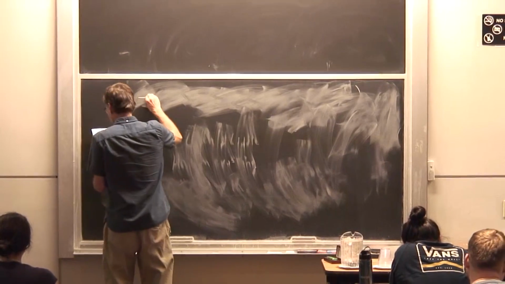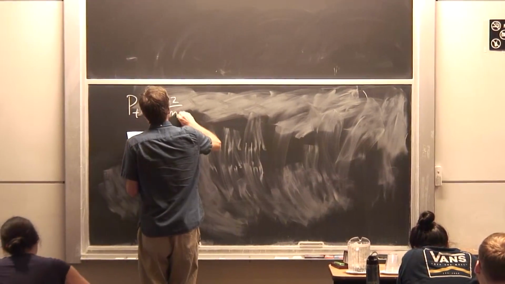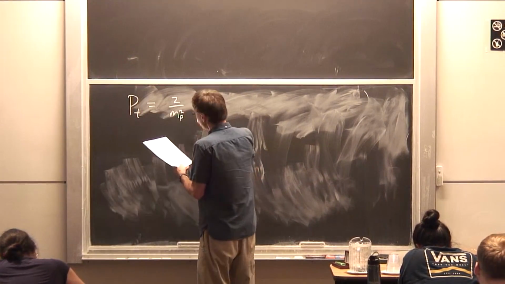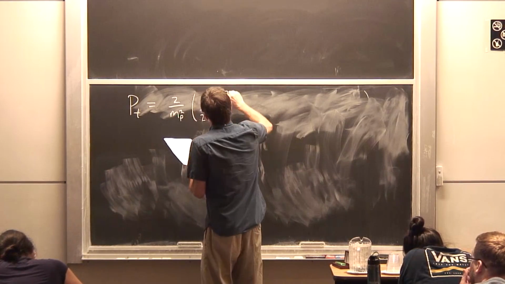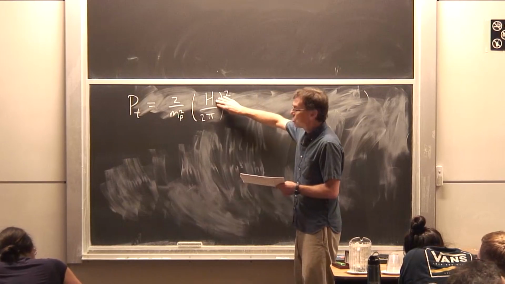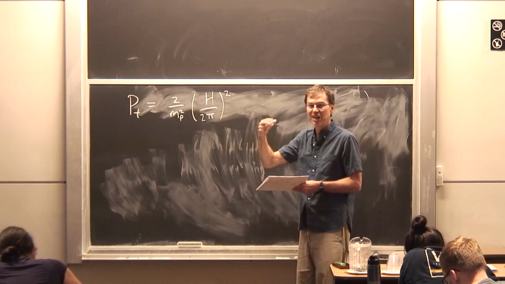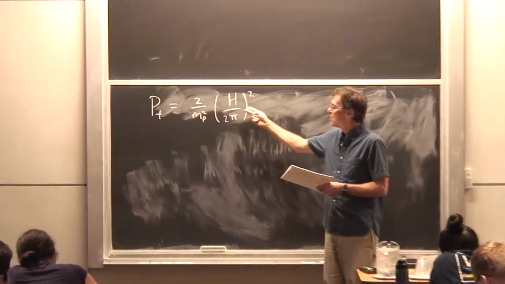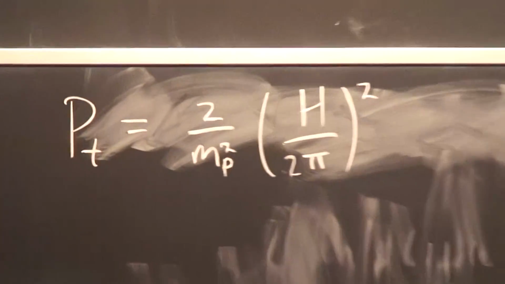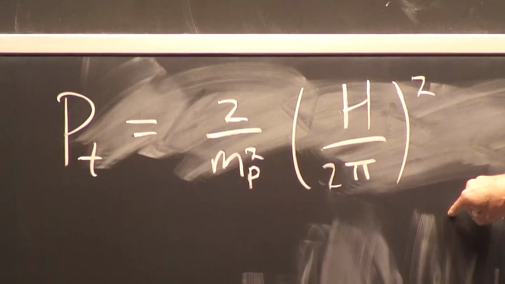And I'll just write down the result for the tensor power spectrum. It's like the scalar one. It goes like H squared, and that's just because the amplitude of the quantum fluctuation of the tensor goes like the Hubble parameter. But it doesn't have the 1 over epsilon.